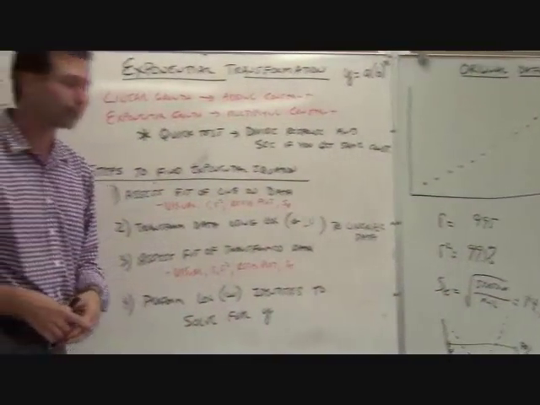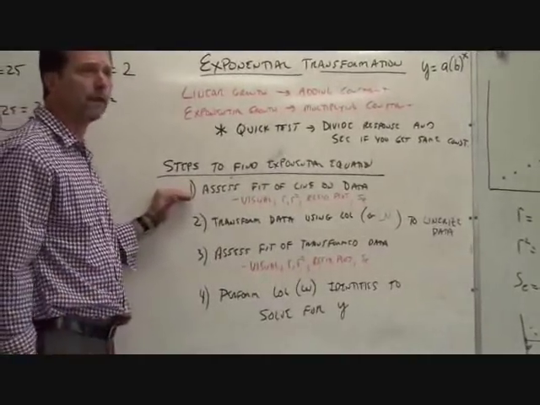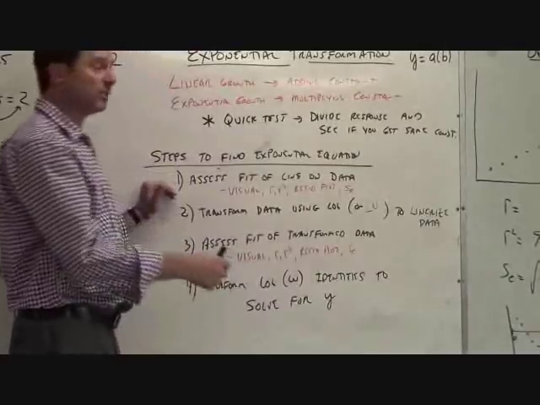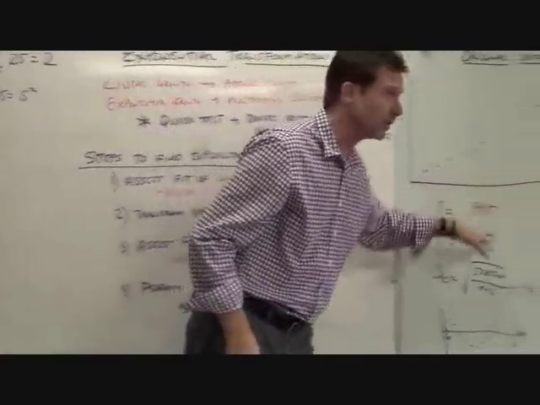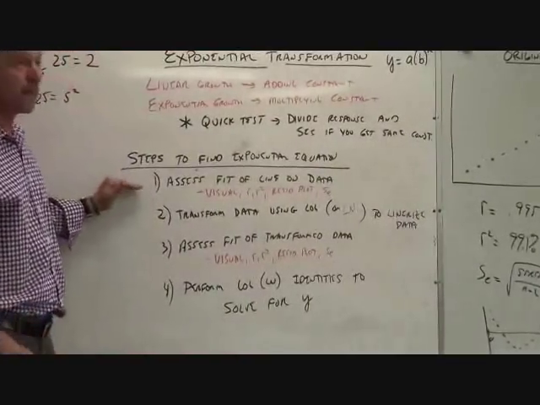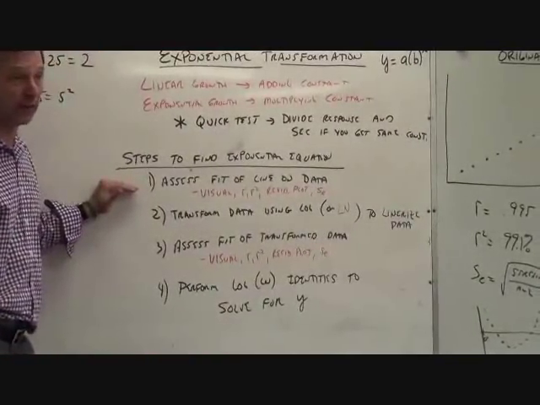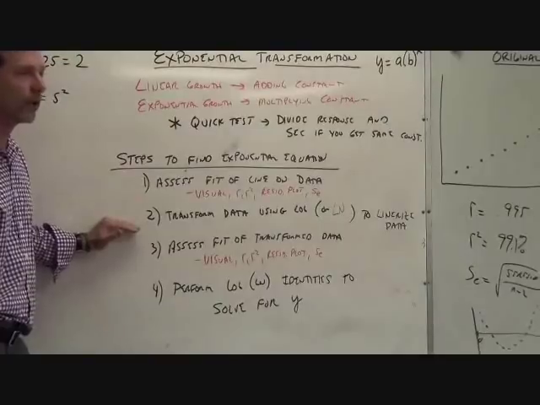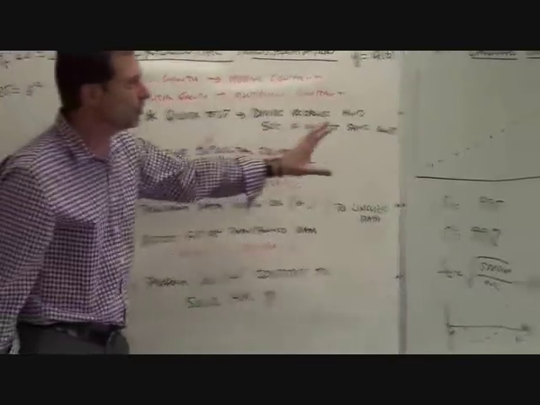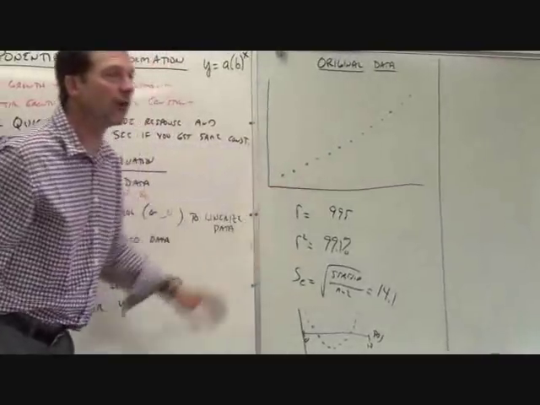We already did number 1. We took our original data. We went through all of the analysis. Ultimately, we decided a straight line is not the best fit. So here's what we're going to try to do. We're going to try to take this original data and make a straight line out of it.